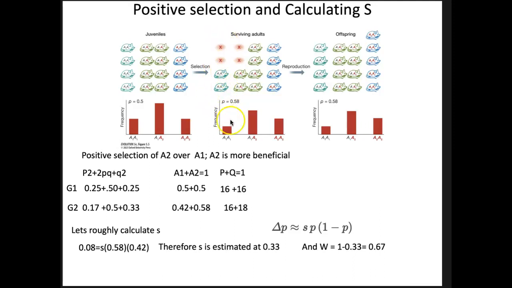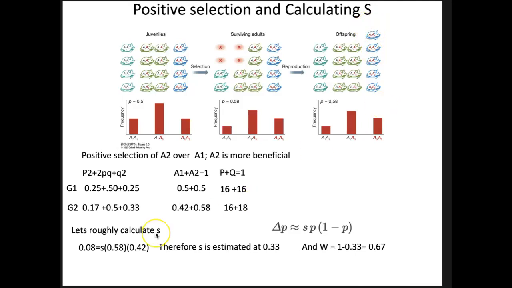Whatever happened in the environment here, having the A sub 2 genotype was more beneficial. The surviving population of adults reproduces, and then we can see the change in genotype frequency, where we have A sub 2 being favored. The result here, of course, is that we have an additional individual that is homozygous for A sub 2, A sub 2.